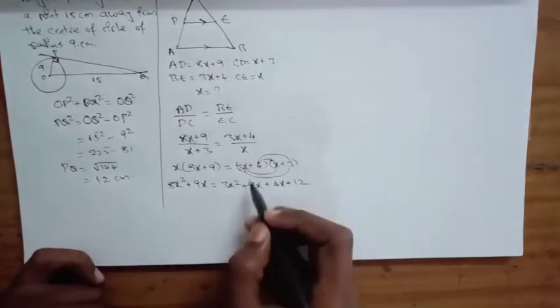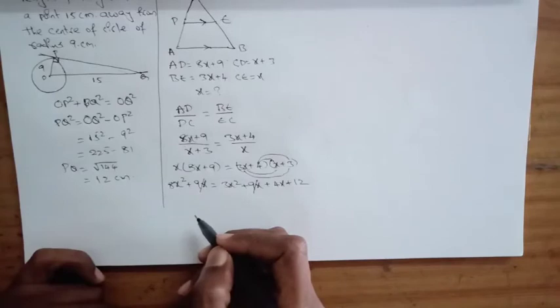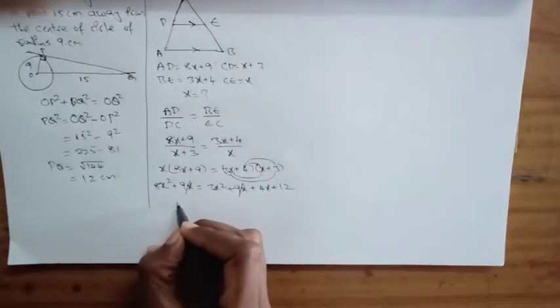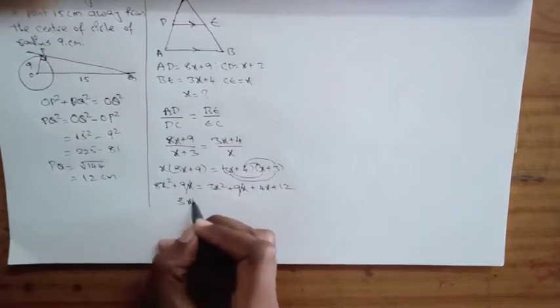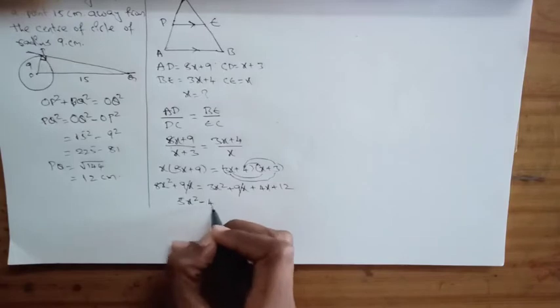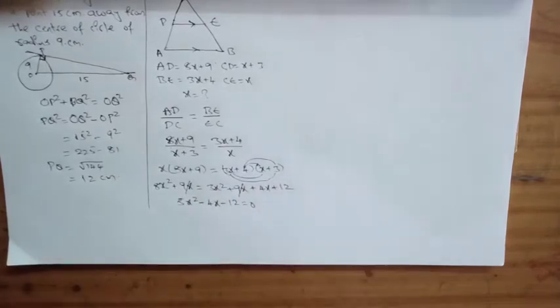So if we simplify, x and x cancel, and if we solve this equation, 8 minus 3 gives 5x square minus 4x minus 12 equals 0.